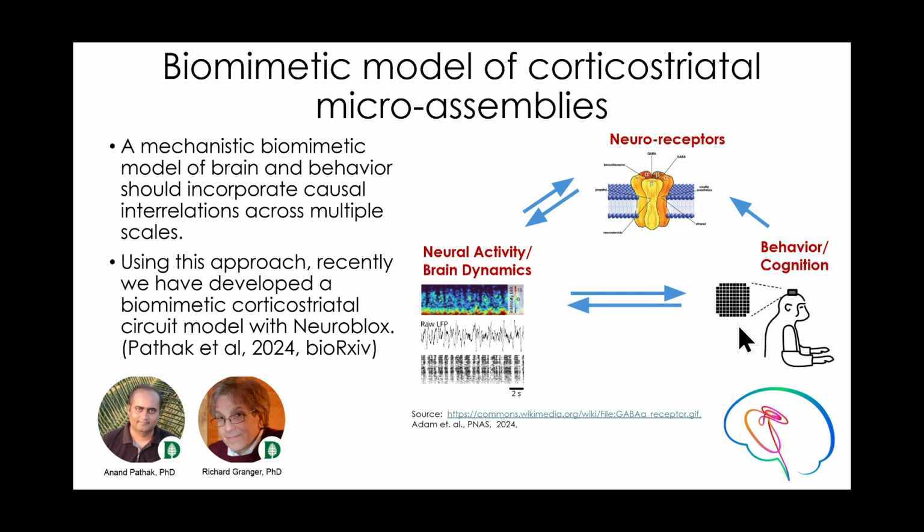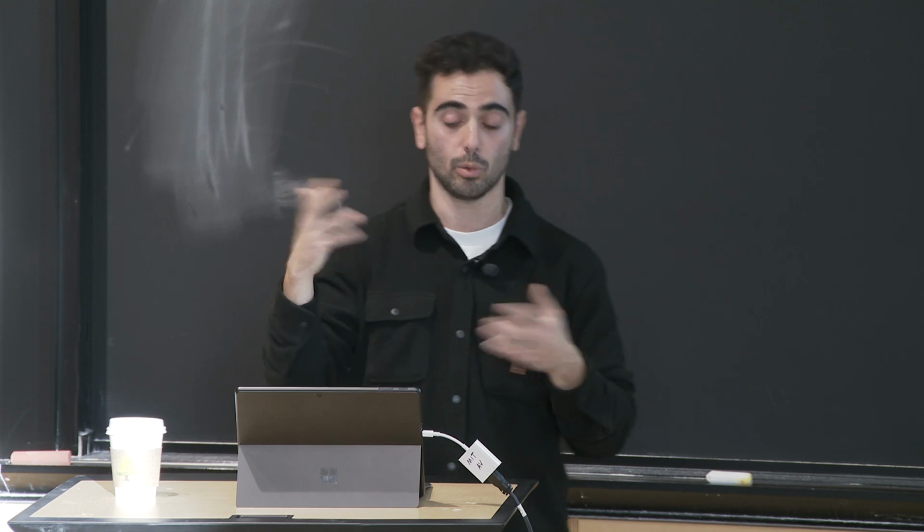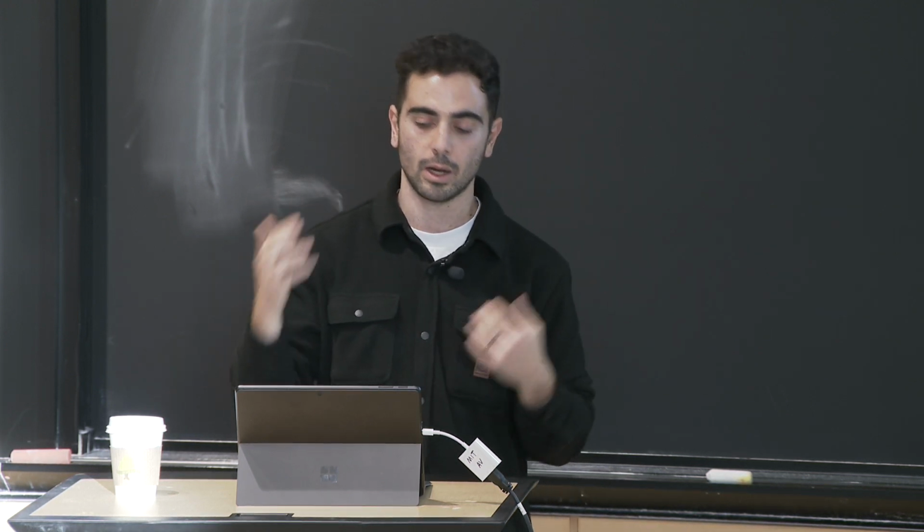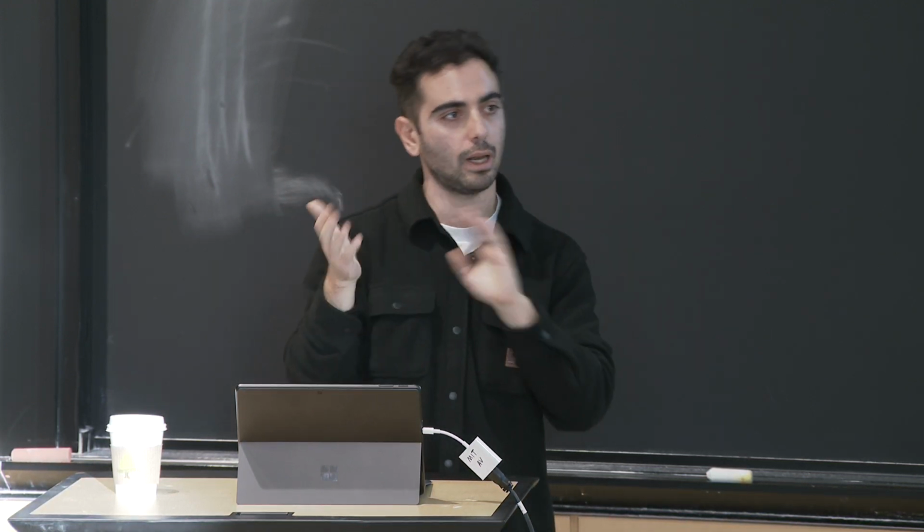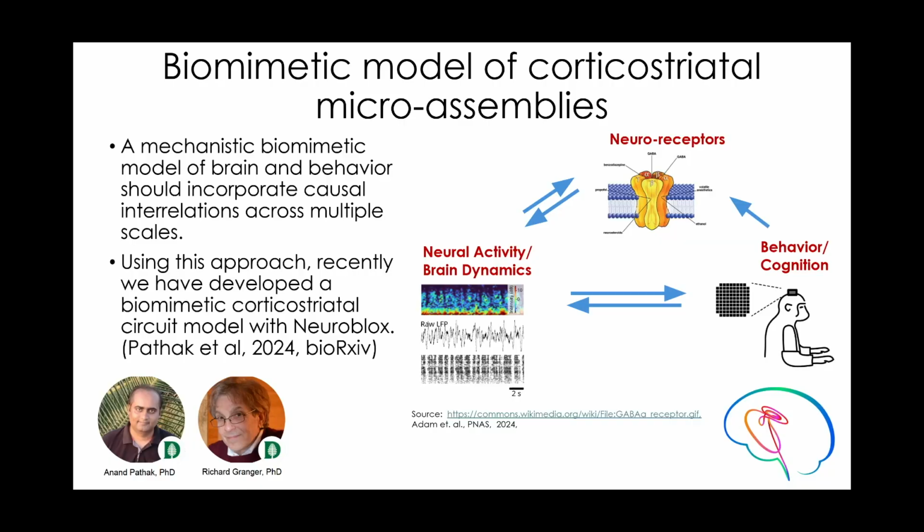This model is able to both take in input from the outside world in the form of images, and also output actions, left-right decisions. It works across these three scales. Here you can also find the reference to this model. And this was the first big model to be designed entirely within NeuroBlox.